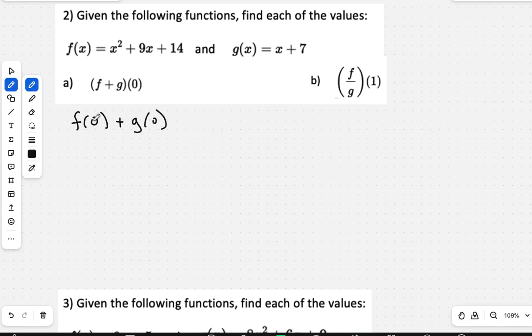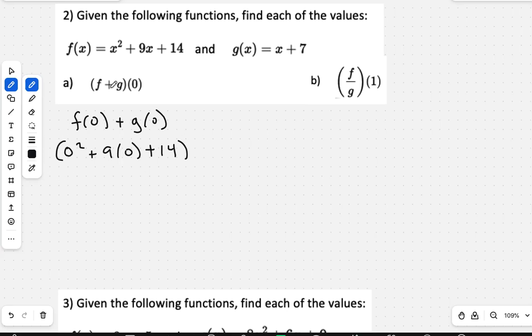So this means to put 0 in for the x's of f, and then to put 0 in for the x's of g, and then to add those two results together. So if we do that, for f we would have 0 squared plus 9 times 0 plus 14. And I'm going to throw parentheses around that.